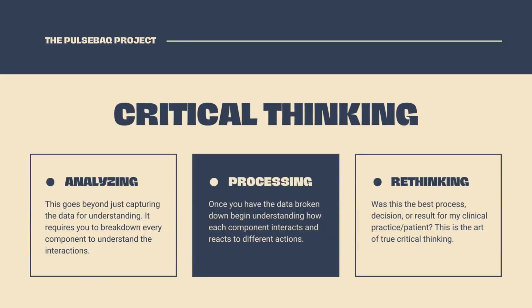So critical thinking can be broken down into three portions: analyzing, processing, and rethinking. Analyzing goes beyond just the capture of the data. So what was the patient's heart rate? What steps did you take? What did you do in reaction to what you saw?